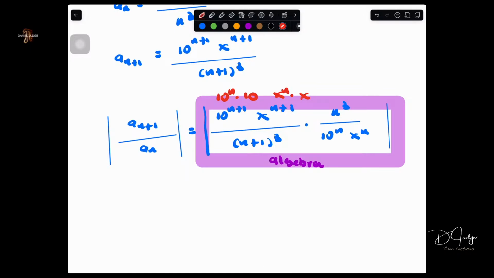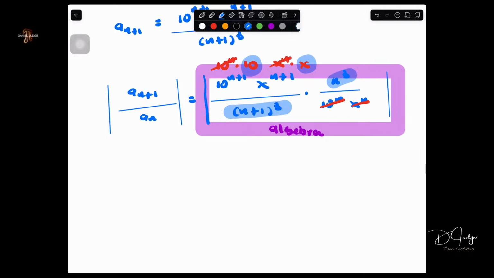And that's pretty much it. The 10 to the n's cancel. The x to the n's cancel. And let's keep track of what we really have here. We have a 10, we got an x, we got n cubed, and we got n plus 1 cubed in that absolute value.